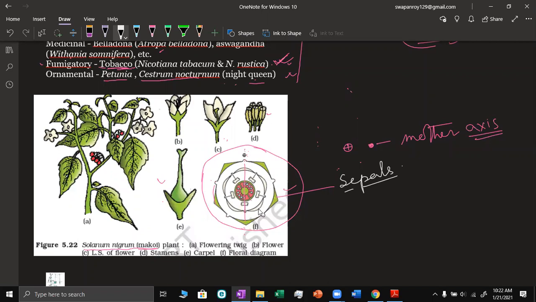The next inner ring also has one, two, three, four, five. This is the ring of the petals, the corolla, and here also they are united, so gamopetalous, and non-overlapping, so valvate aestivation.